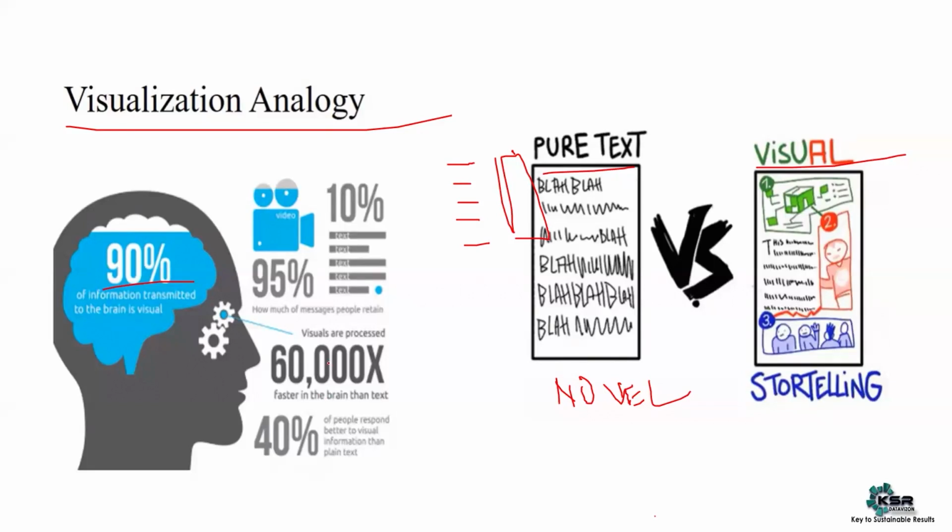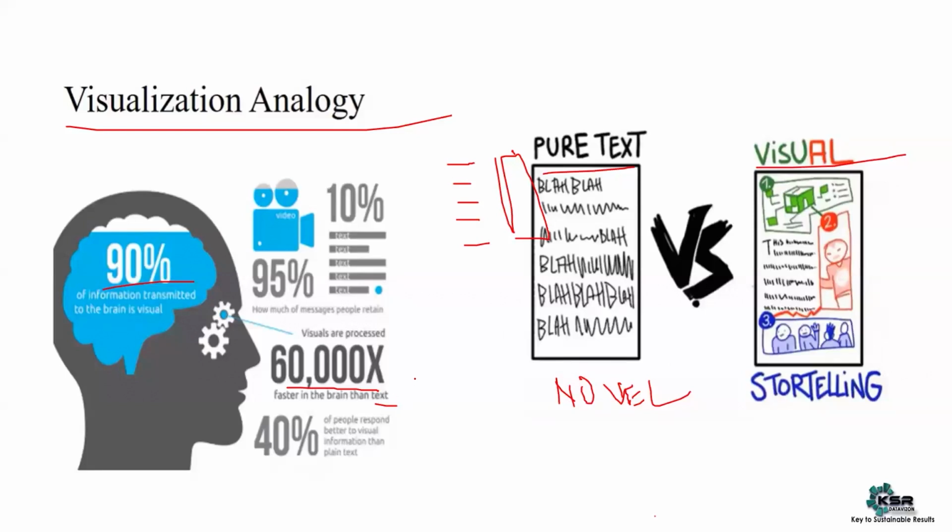And how are visuals processed? It is 60,000 times faster than normal text. So if you compare the speed at which the human brain understands information, text might not be that easily understandable, but a visual is 60,000 times faster than text.